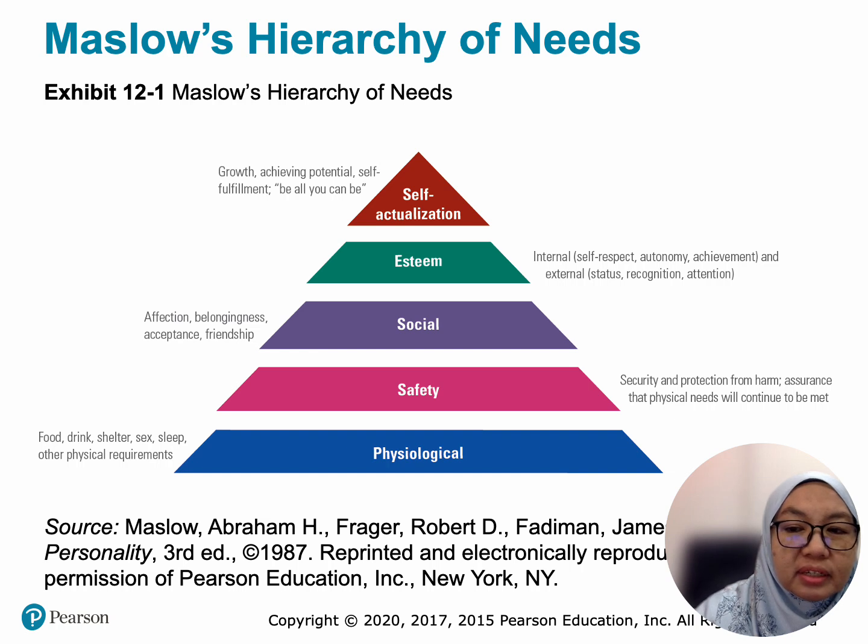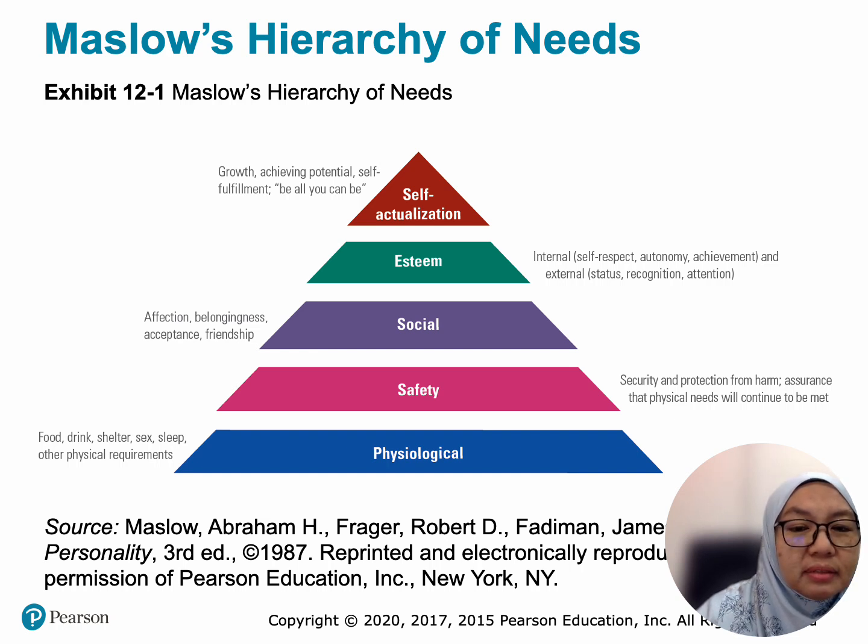Abraham Maslow's hierarchy of needs theory, seen here in exhibit 12.1, is one of the most widely known theories of motivation. Maslow was the psychologist who proposed that within every person is a hierarchy of five needs. The first one, the lowest one, is physiological needs, such as the needs for food, drink, shelter, sex, sleep, and other physical requirements.